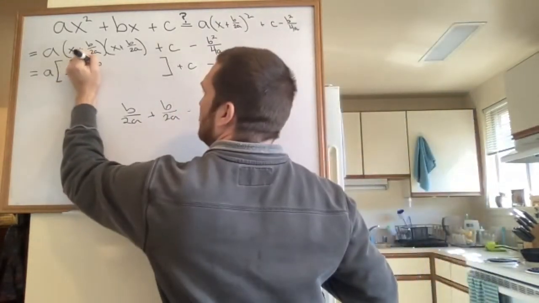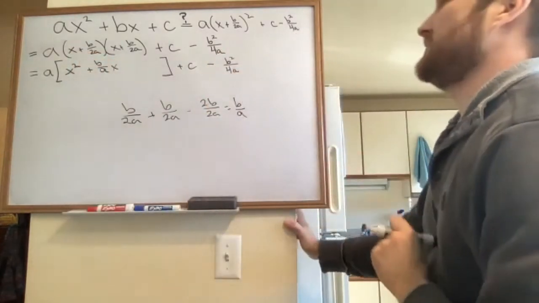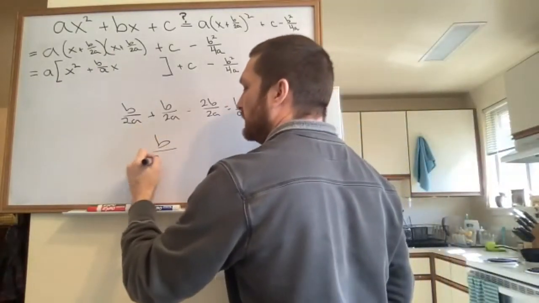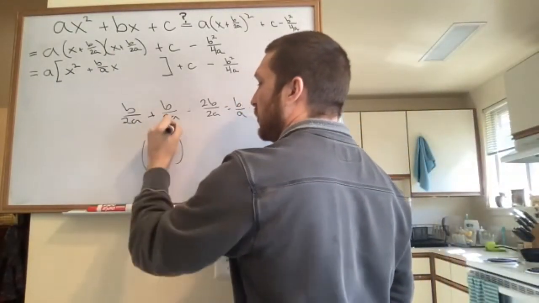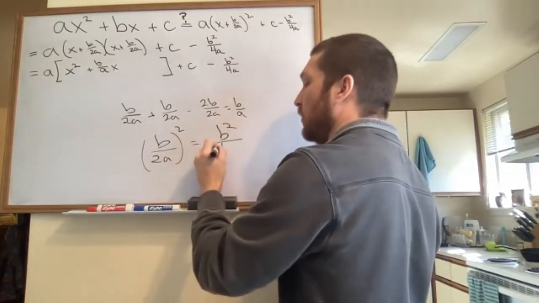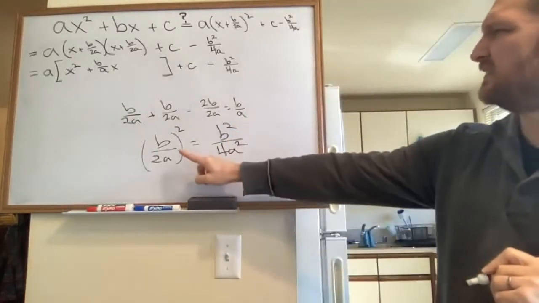So plus b over a x. Last gives me b over 2a times b over 2a, or how about b squared over 4a squared? You buy that? Is that the last?